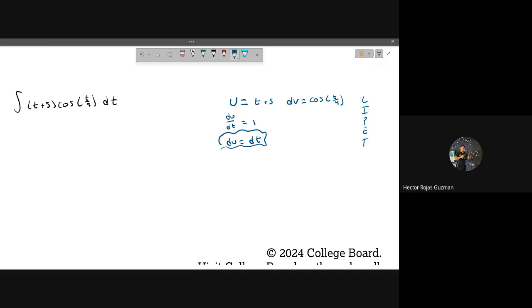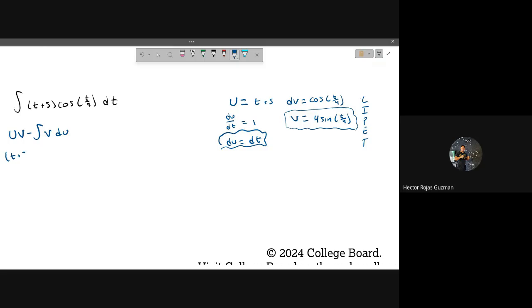When you do the antiderivative for dv, there is a u substitution. Hopefully you can do it in your heads. This is going to be 4 sine of t over 4. If you can't do it in your heads, it's okay, work it out. Now, integration by parts, it's uv minus the integral of v du.